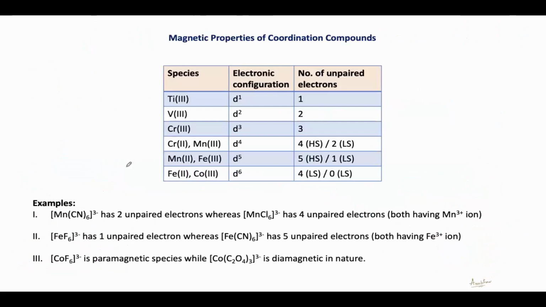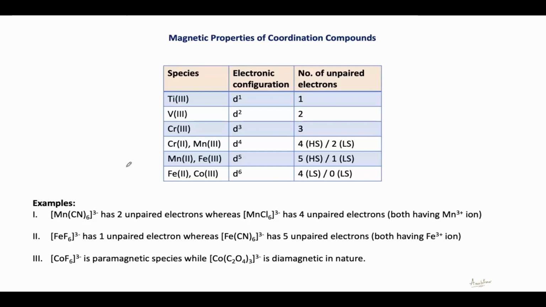So when we talk about the bonding in this coordination compound, we are able to explain the different kinds of hybridization, different kinds of geometry, and different coordination numbers. Now, we will talk about the magnetic properties of coordination compounds. This magnetism is quite relevant while talking about coordination compounds. They can be measured by the magnetic susceptibility experiment.